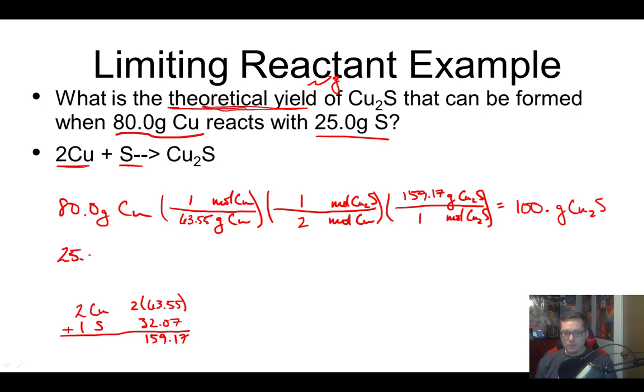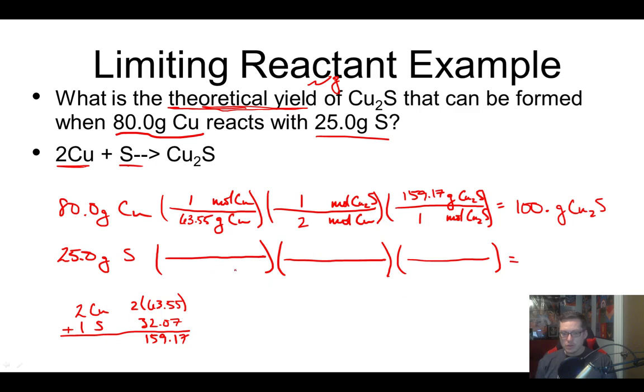So we're going to have 25.0 grams of sulfur. It's a lot of the same steps. It's going to be a 3-step problem because we're starting with grams and we need to end with grams. So we're going to put grams of sulfur on the bottom, moles of sulfur on top. For every 1 mole, each mole weighs 32.07 grams. We're going to put moles of sulfur at the top, moles of Cu2S. And this is a 1-to-1 ratio, and we know that because the coefficients are both 1.